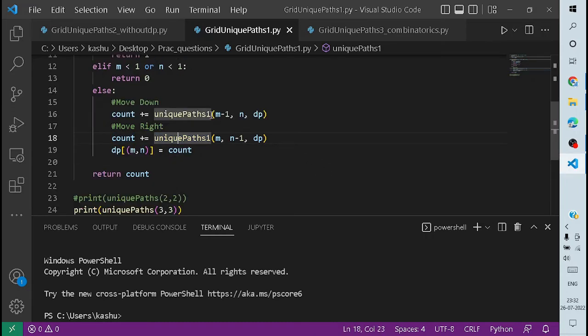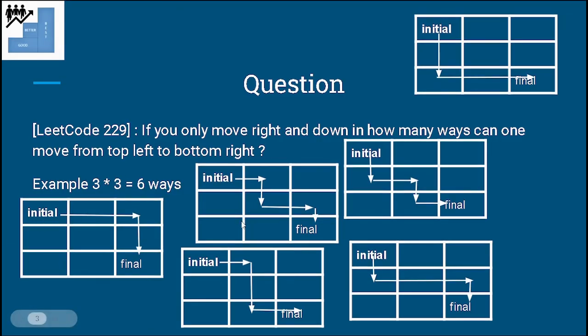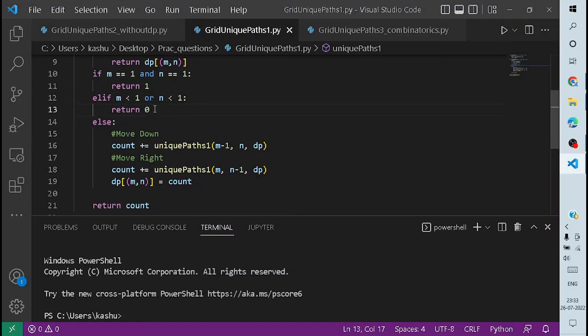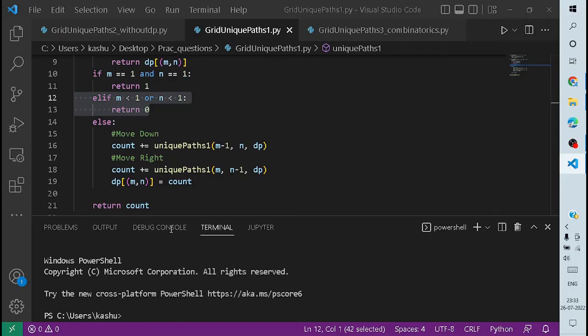So basically there will be execution of all combinations that are possible with down and right, and whenever the control flow is going outside either in this direction or this direction, it would be stopped by this particular recursive condition. And for m equal to 1 and n equal to 1 over here, we'll be adding 1 to the solution. So that would be one unique path. In this way, we will be able to calculate all the unique paths that are there.